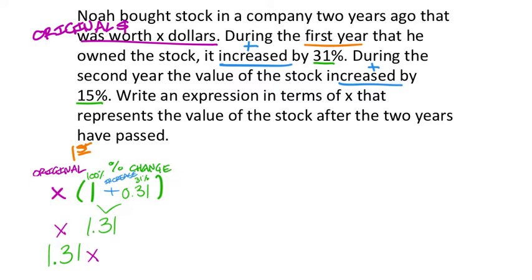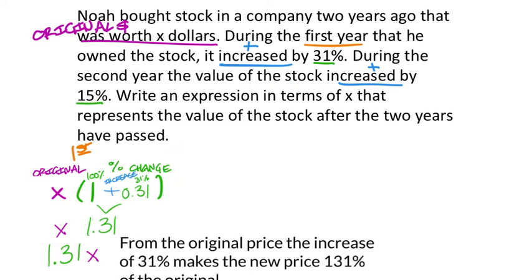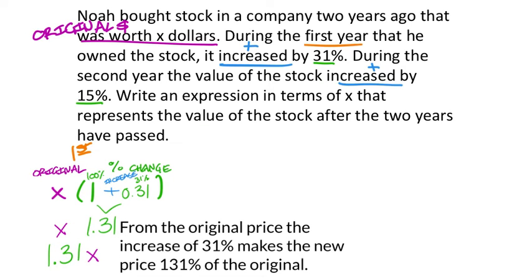So that value is telling us that from the original price of the stock, the increase of 31% makes the new price 131% of the original. I may have made that a little more wordy than I should have, but hopefully that helps, okay? Because 1.31 is 131% of the original price.